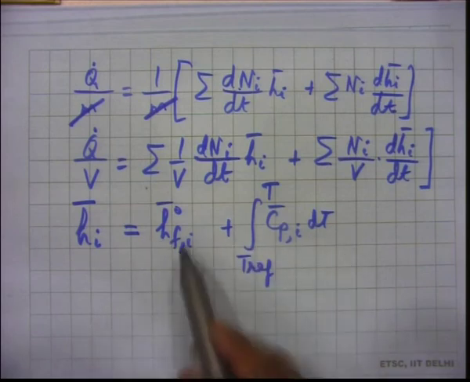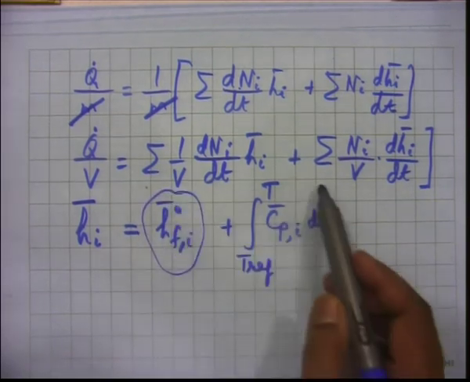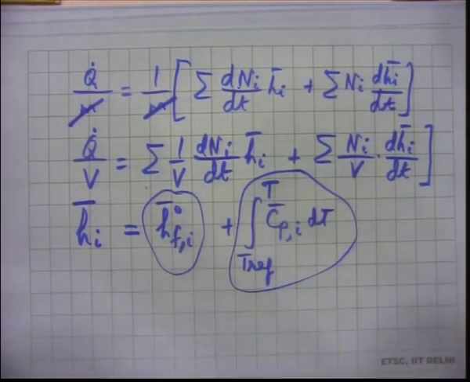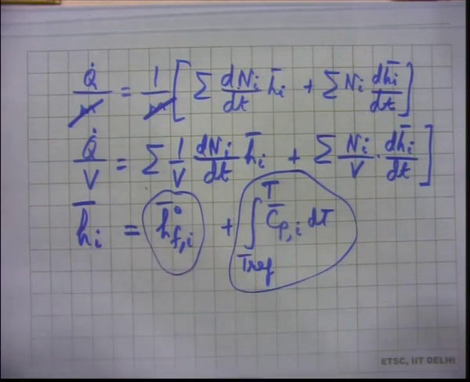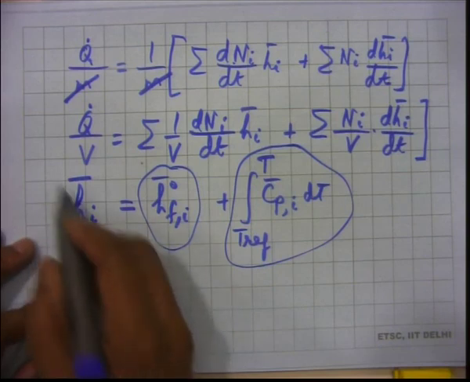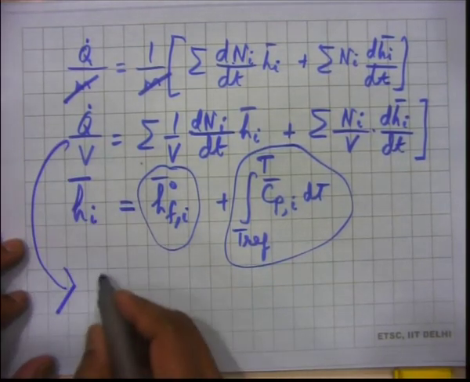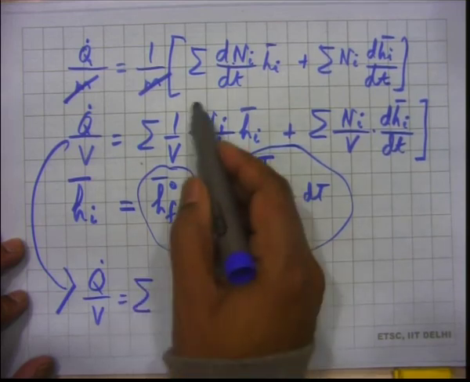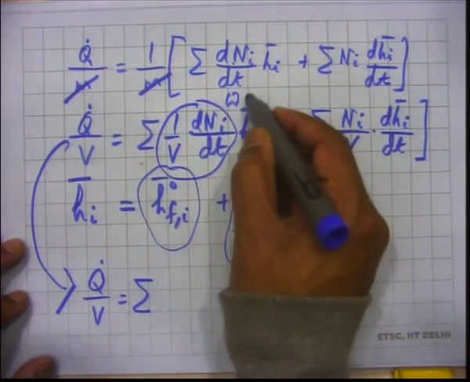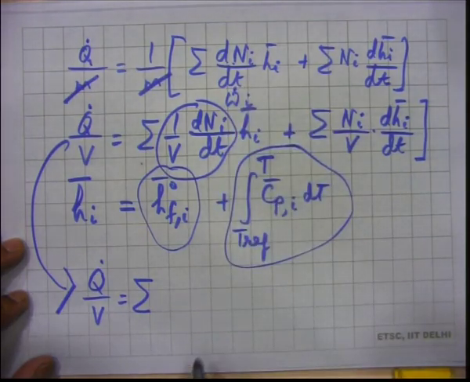So, enthalpy is again the enthalpy of formation plus a sensible enthalpy change. Not doing anything different except that we are writing a subscript i to remind ourselves that we are talking about a particular species identified as the ith species, a general species.